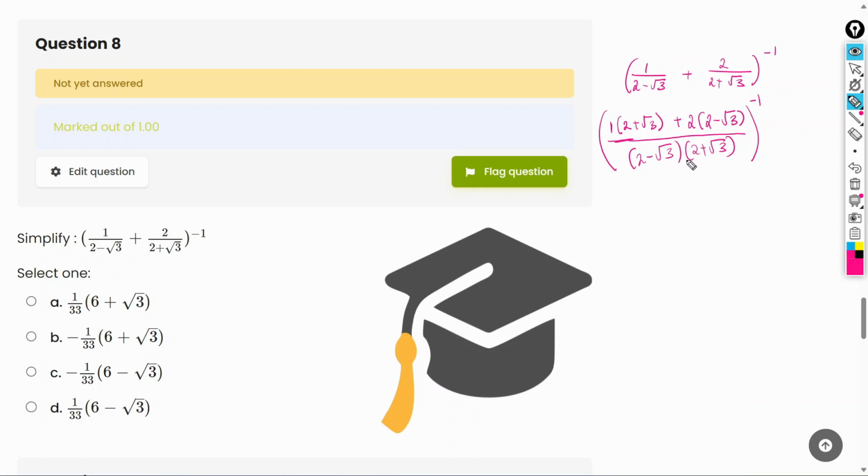If I multiply out the denominator, I'll have a difference of two squares, which is a minus b times a plus b, giving you a squared minus b squared. Applying the same logic, 2 minus root 3 multiplying 2 plus square root of 3 gives 2 squared minus root 3 squared, and that will be 4 minus 3.